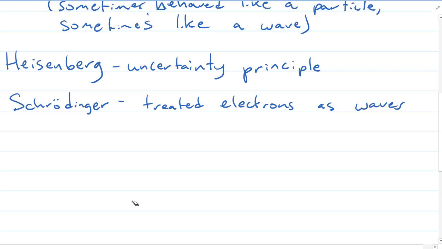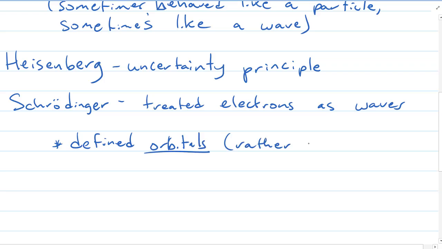Here's what the conclusions of the Schrödinger wave equation were. It defined orbitals rather than orbits to depict the locations of electrons in atoms.